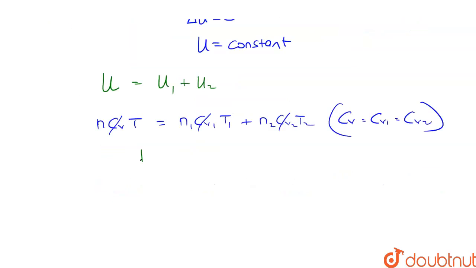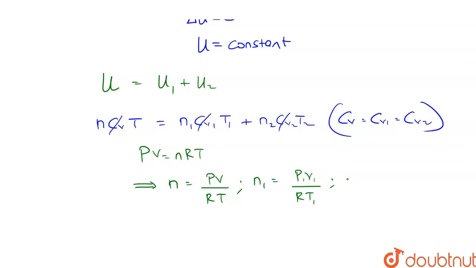Now using the ideal gas equation PV equal to nRT, we can find the number of moles of gas. n is equal to PV upon RT. For gas in vessel 1, the number of moles n1 is equal to P1 V1 by RT1, and for gas in vessel 2, n2 is equal to P2 V2 by RT2.